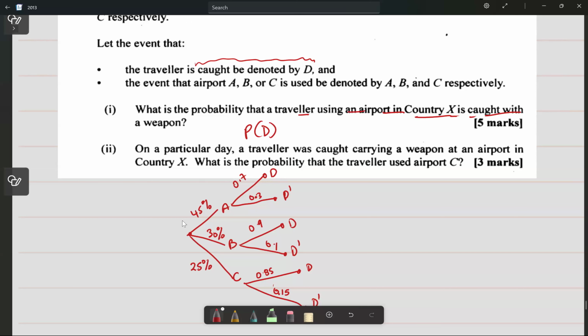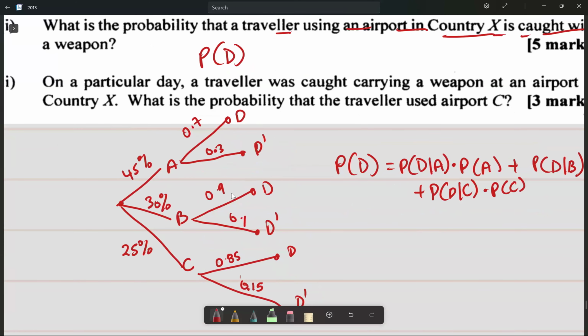We could use this, or we can learn the formula, which is the probability of D is the probability of D given A times the probability of A, plus the probability of D given B times the probability of B, plus the probability of D given C times the probability of C.